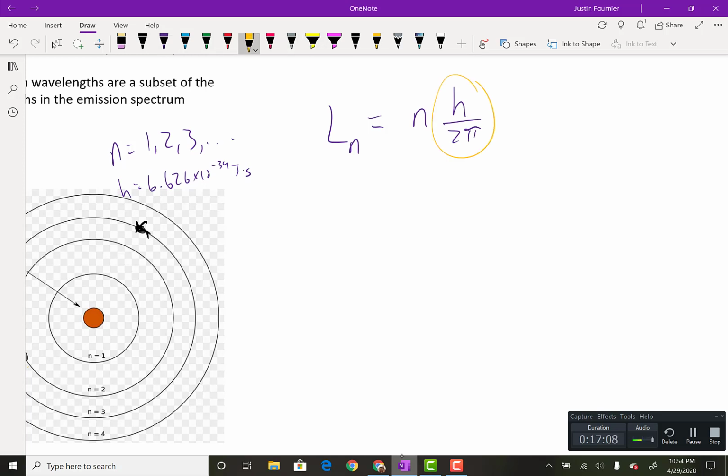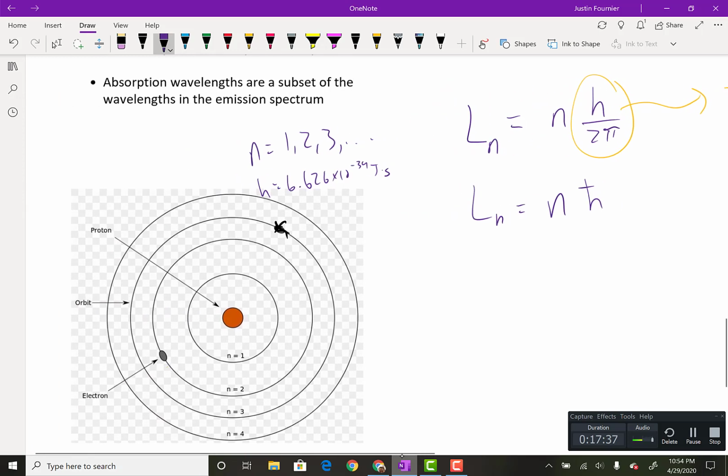Because this shows up a lot in quantum mechanics, instead of saying h over 2 pi, we call it h bar. But please remember that it's h over 2 pi. So I got the angular momentum equal to some quantized number n times h bar. That's his first thought.